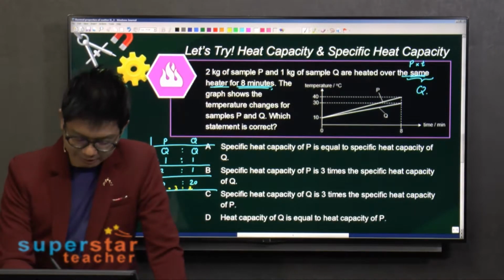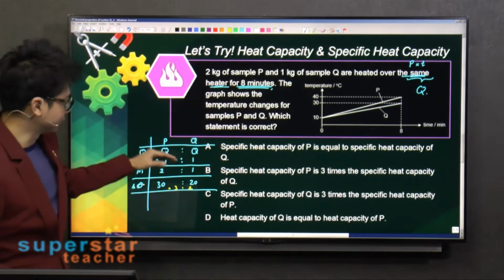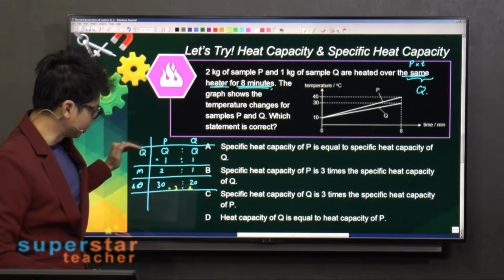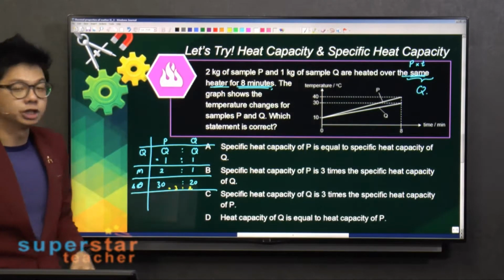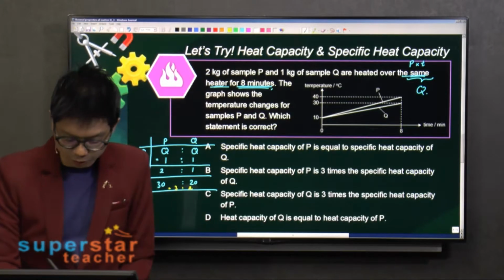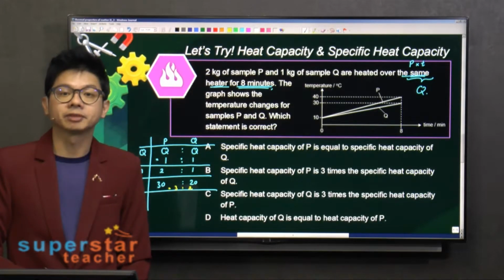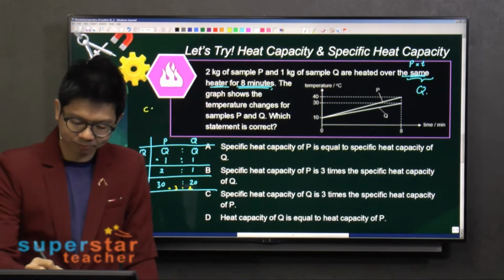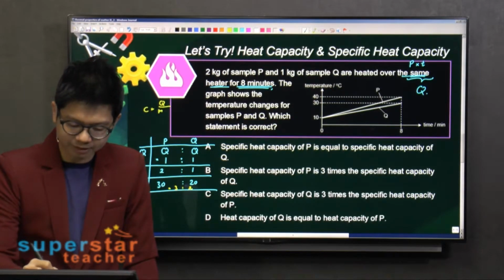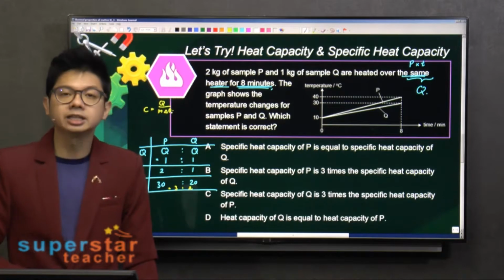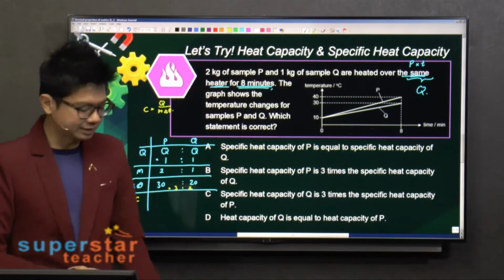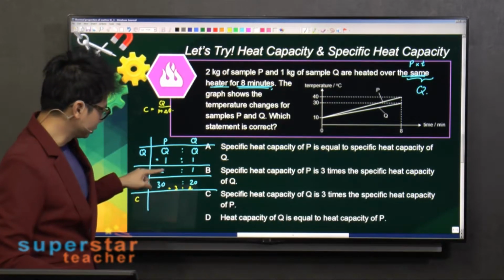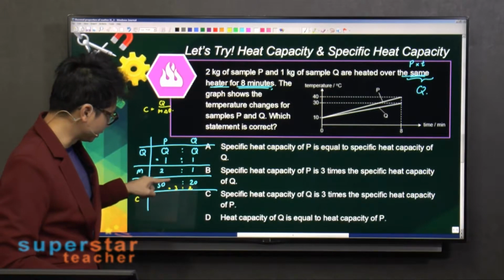And lastly, if I have all these ratios, the ratio of the thermal energy, mass, and change in temperature, I can find the ratio of their specific heat capacity. How? I just need to take Q over mass over the change in temperature. So in this case, 1 over 2 divided by 3.